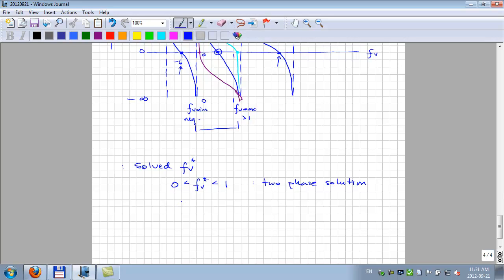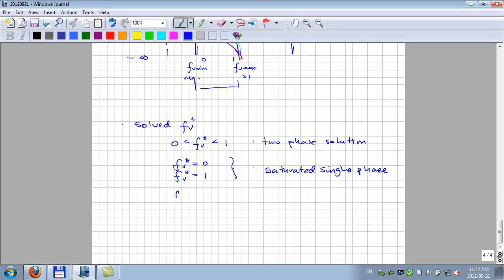If f of v star is equal to 0, or f of v star is equal to 1, this would be a saturated single-phase solution. And if f of v is less than 0, or f of v is greater than 1, this would be an undersaturated single-phase.